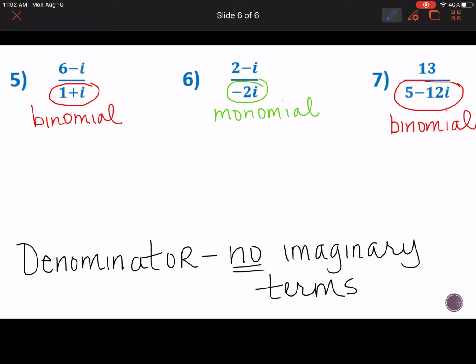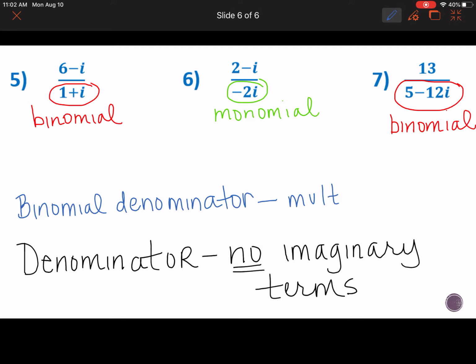When it's a binomial denominator, we're going to multiply by the conjugate. That sounds like a really fancy word that's complicated, but it's really not.